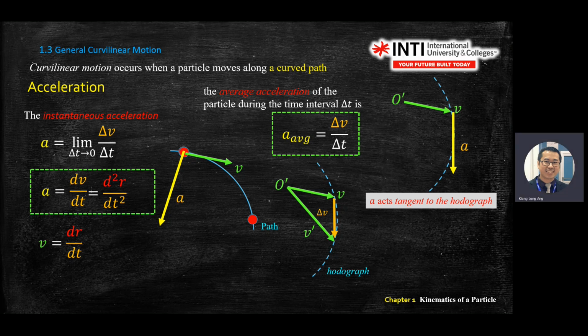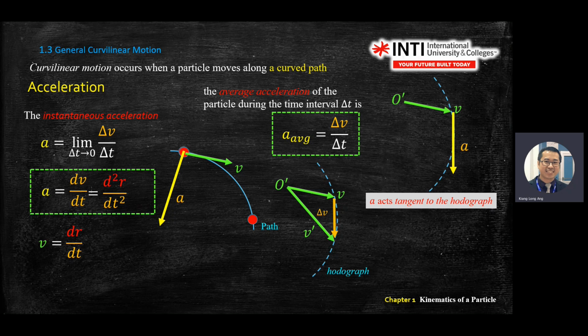Important, this skill set. From today onwards, you should know, when I ask you to draw a velocity on a curve, if you move from left to right, then it's this direction.